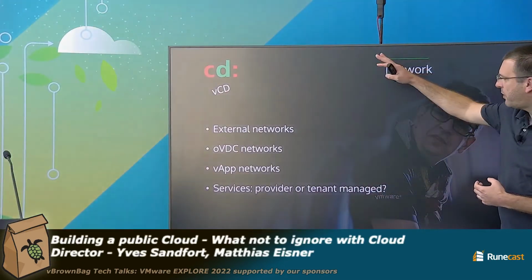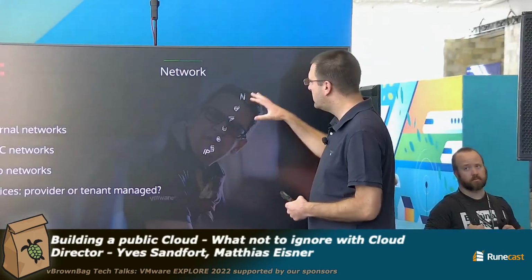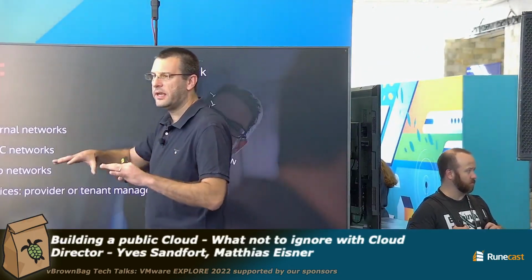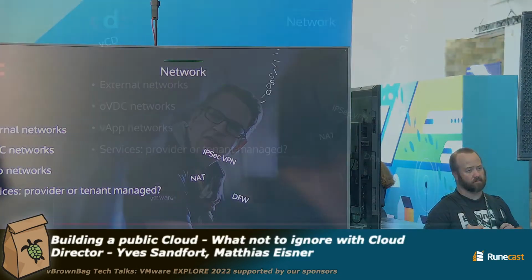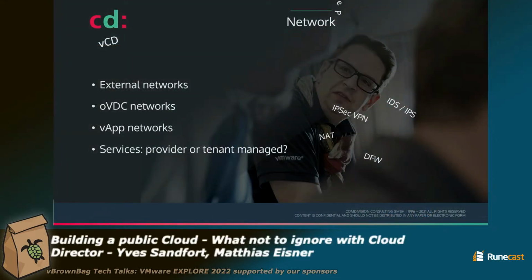So for the networking, we just need to consider all the different kinds of networks we have. We always have external, Org VDC and VXLAN networks, and the different services we can use and provide. On top of that, we consider whether we are using a service that is provider managed or tenant managed.